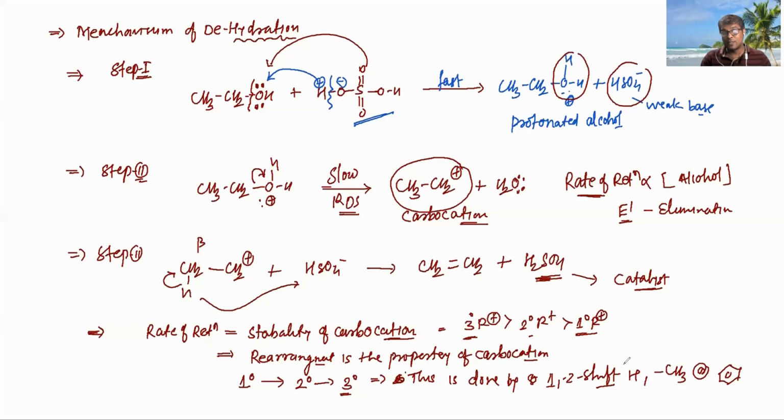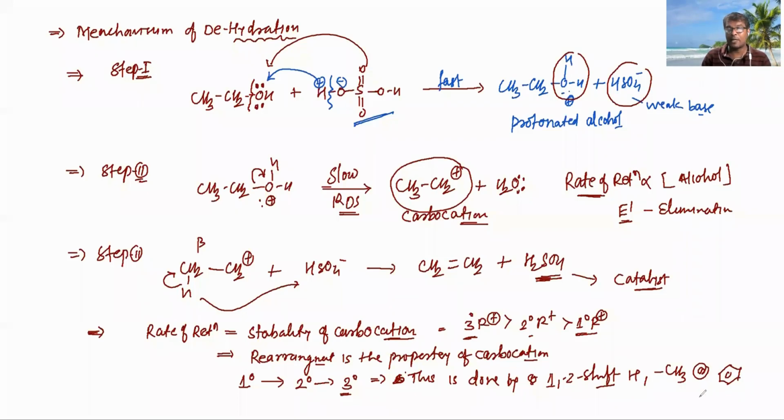The stable product is obtained by converting the primary carbocation into secondary if it is possible. If it is not possible, then the product is as is. But if there is the possibility of converting a less stable carbocation into a more stable carbocation by a 1,2 shift of hydrogen, methyl group or phenyl group, then the shift occurs and we get the major product as a secondary or tertiary.